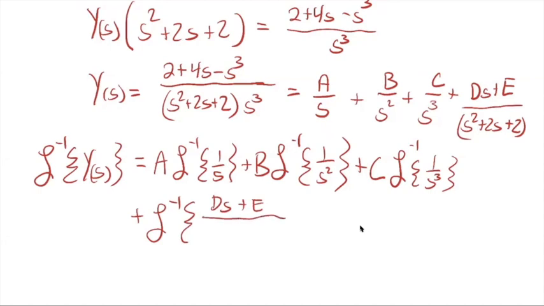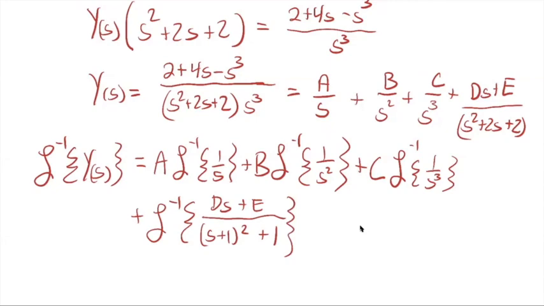And for this piece, you're going to get these e to the whatever times sine and cosine terms, since this one, if you complete the square, you would have something like this on the bottom.